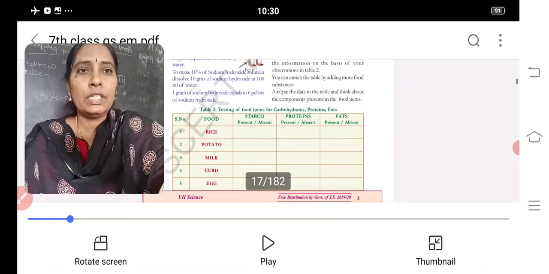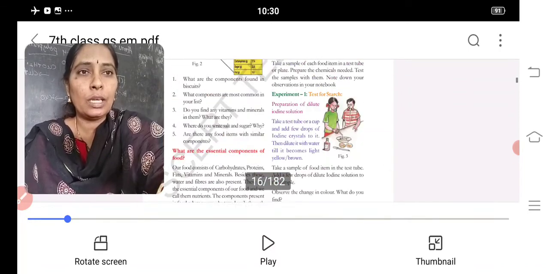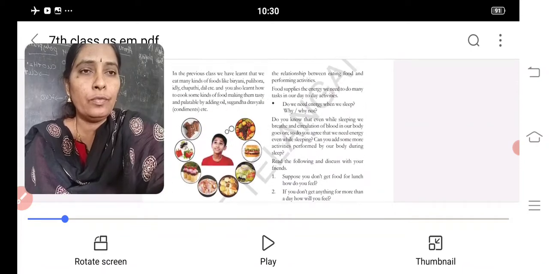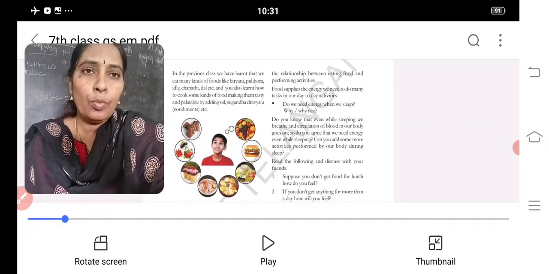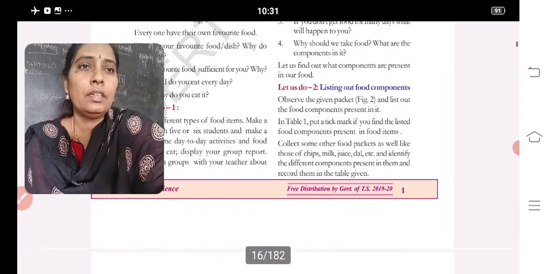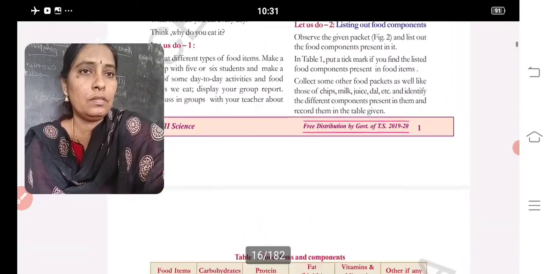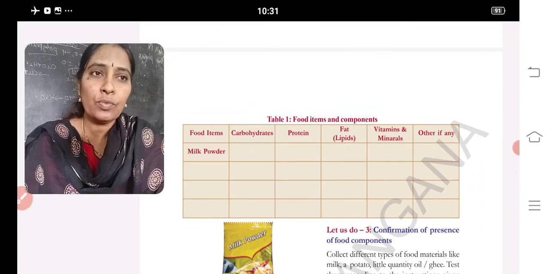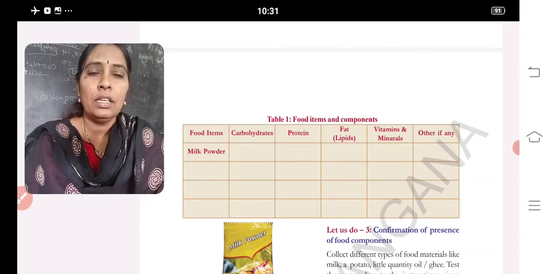So what are the first topics we are going to discuss? The presence of starch, vitamins, carbohydrates, minerals. These are carbohydrates, proteins, fats, vitamins, minerals. All these are the different types of food items present in our food, that is, food components.